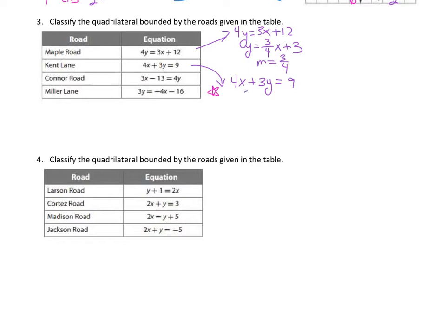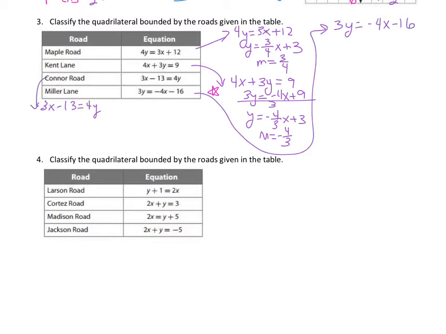When you solved it, you should get 3y equals -4x plus 9, divide everything by 3, so you would get y equals -4/3 x plus 3. Your slope then should be -4/3.